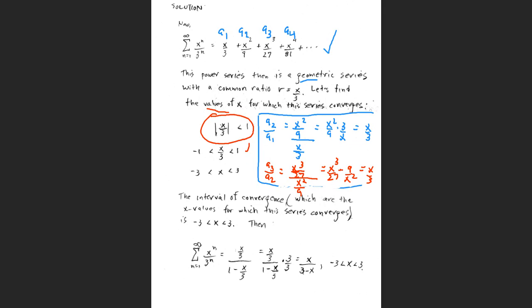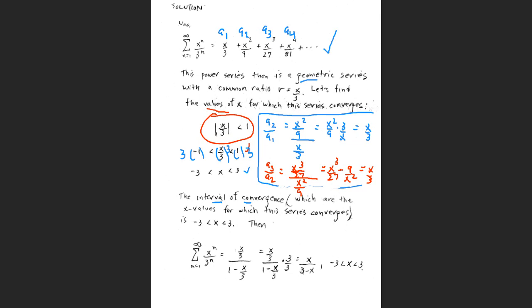If I take that inequality and multiply through by 3 everywhere, I'll end up with x less than 3 and greater than -3. And so this gives us what's called an interval of convergence.